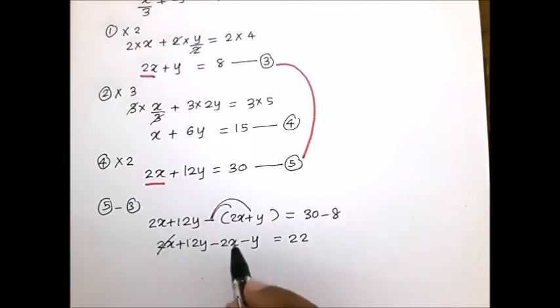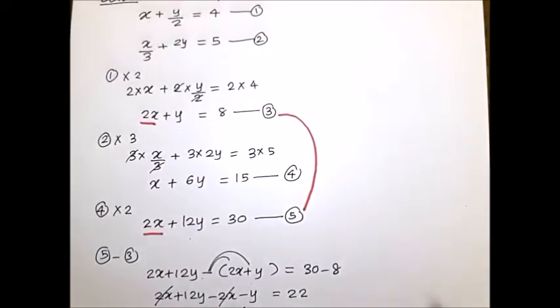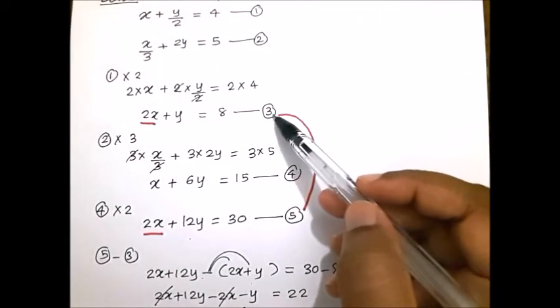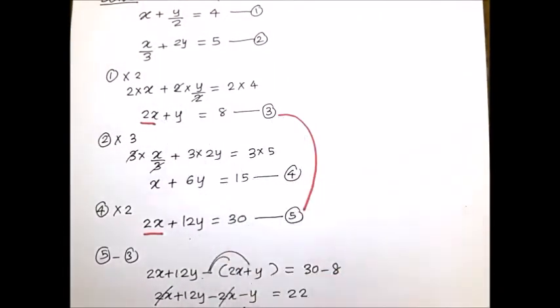Now you can cancel plus 2x minus 2x. 12y minus y, 11y. It is equal 22. Divide both sides by 11. y equals 2. Then substitute this value in equation 3. You can find the value of x.